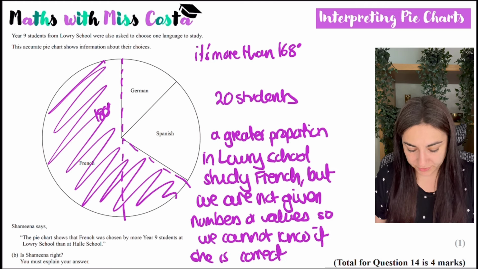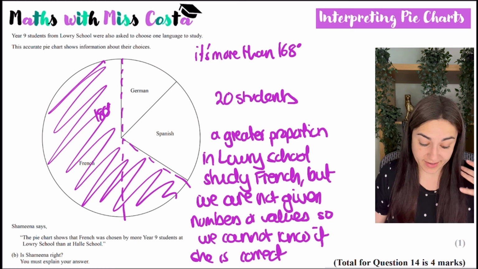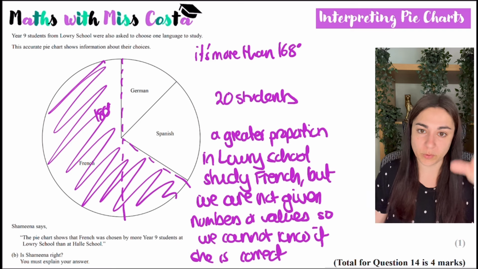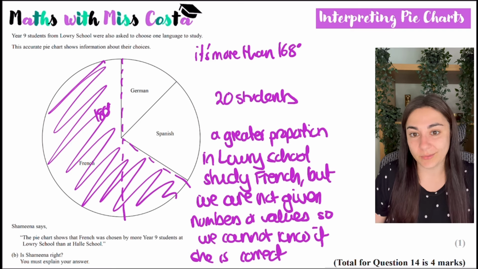Without having actual values, we don't know. There could actually only be 20 students. There could be 2,000. Pie charts only show you the proportion, but without knowing the total, you can't tell.